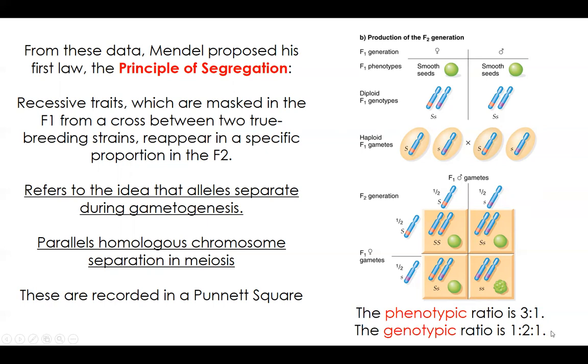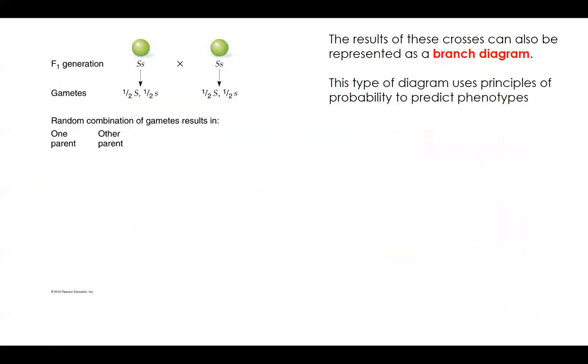So these results can be represented by a Punnett square, or we can do something called a branch diagram. As we set up this branch diagram, it's going to look like it's more trouble than it's worth for this particular cross because we could easily do this in a Punnett square. Where things like branch diagrams really come in handy are when you start to deal with multiple traits.